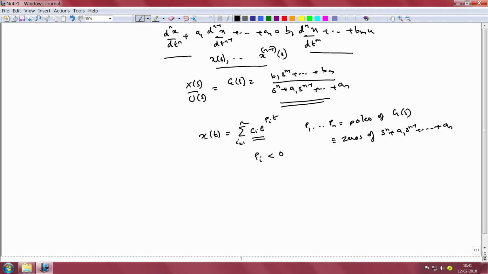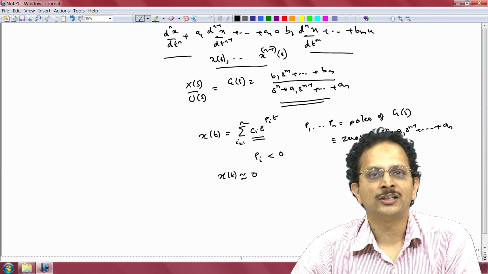Since they are all of the decaying kind, what we can conclude is that if we wait long enough, the response due to the initial conditions would have gone to 0, and we can start to look at the response of our system to the applied input only after the passage of this duration of time. Therefore, we see that in case of stable systems, initial conditions do not play any significant role because their effect is erased after a certain length of time.